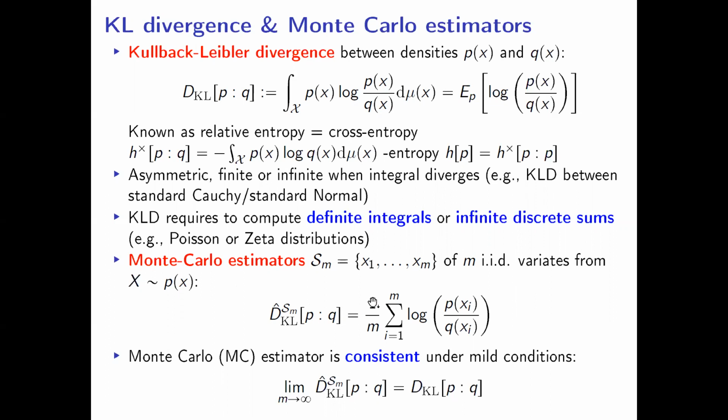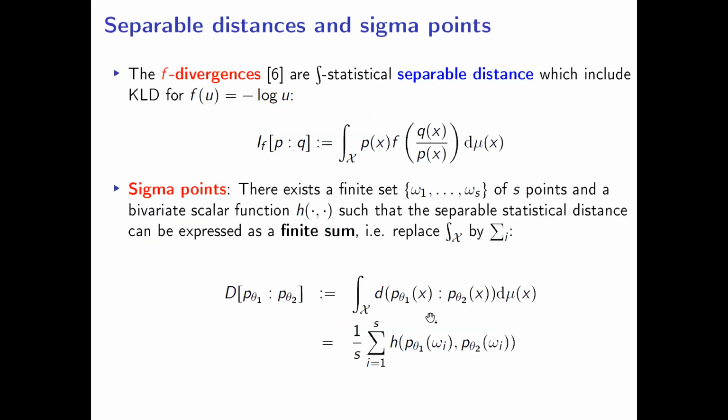So you will find that this is the average over m of the log of a density ratio at the sample points. And a good property of this Monte Carlo stochastic sampling is that the estimator is consistent, in the sense that when you take the number of samples bigger and bigger, tending to infinity, then you will find the real value of the KLD under mild conditions.